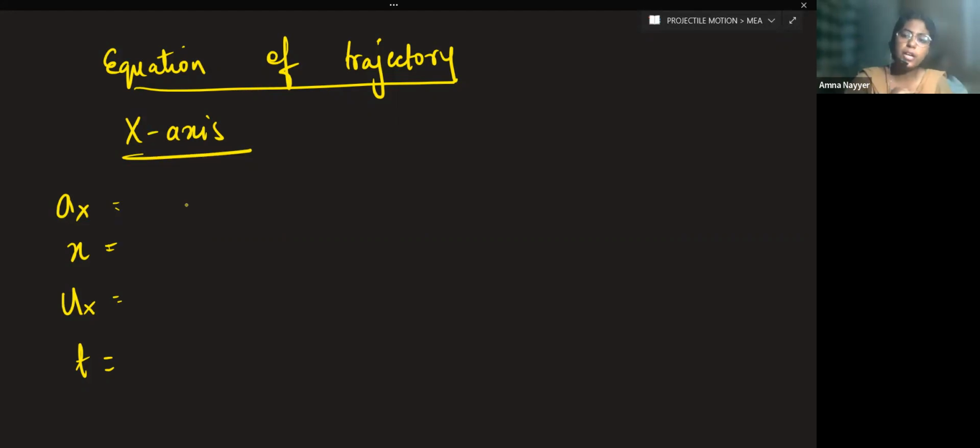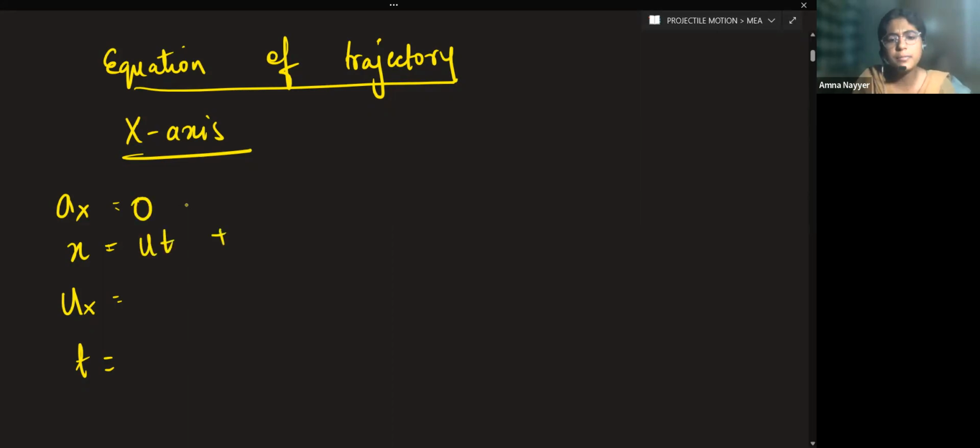The trajectory covered, this inverted bell-shaped trajectory you are able to observe, is due to acceleration due to gravity. Acceleration due to gravity is acting downwards, so you have it along this. I'll explain this point again later in detail. Right now just remember, you do not have any acceleration along the x-axis. All the acceleration is along the y-axis, which is acceleration due to gravity. So this will be 0.